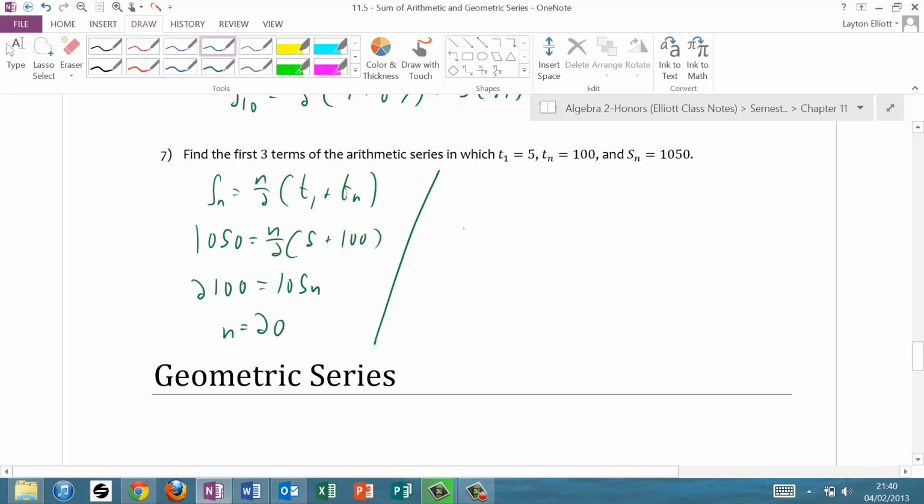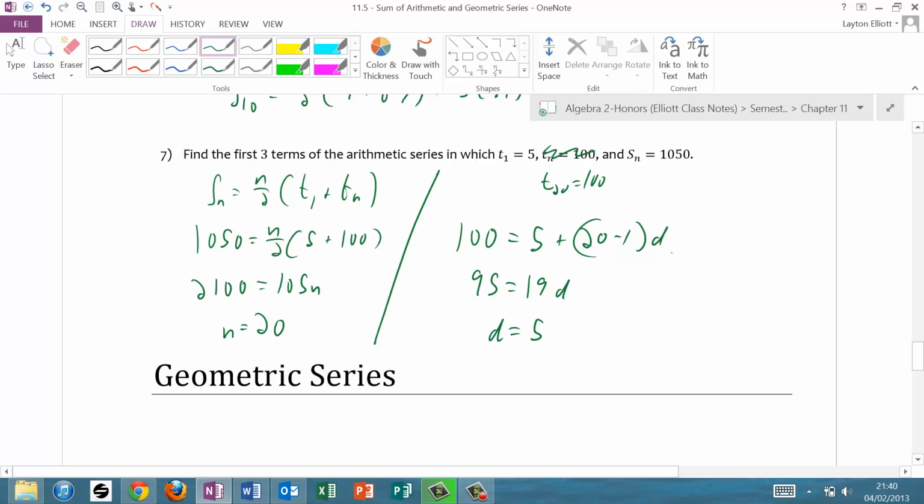So I'm going to go to my T of n equation. I can now call this safely T of 20 is equal to 100. So 100 is equal to T of 1 plus 20 minus 1 times the common difference. So I would get 95 is equal to 19d, and that would be d is equal to 5.